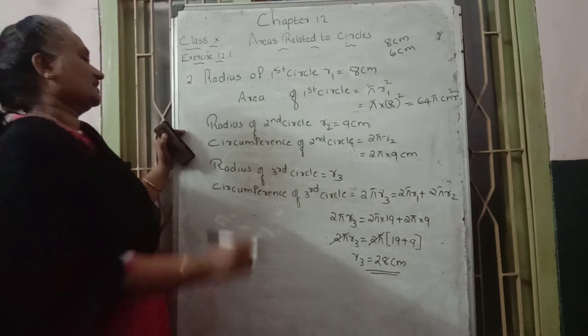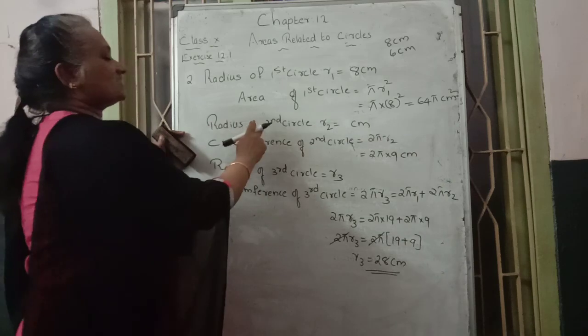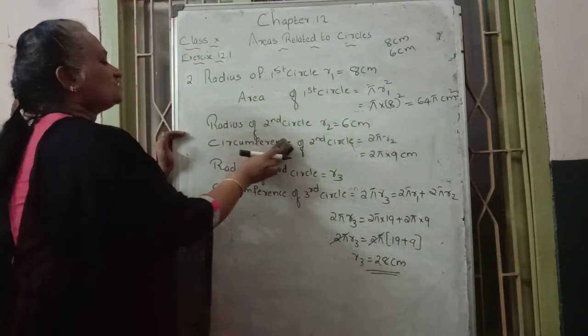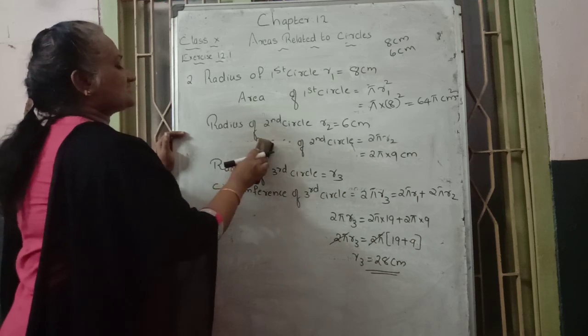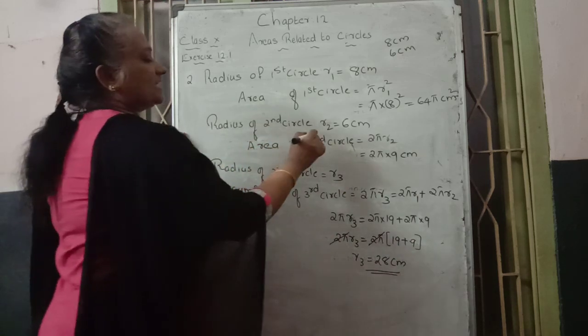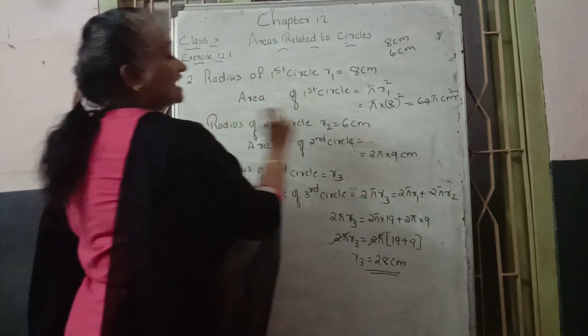Same as for the second circle, for identification we mark it as R2. Radius is how much? 6 centimeters. Here again, in the second question they ask about area. So the area of the second circle is pi R2 square.